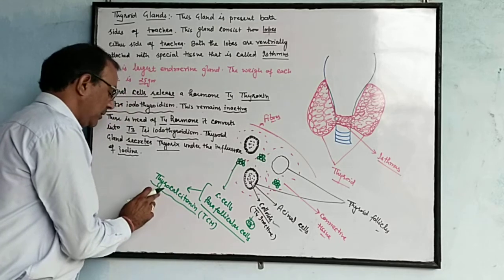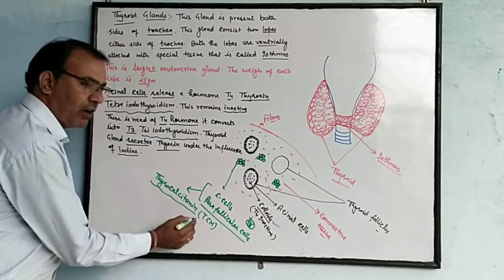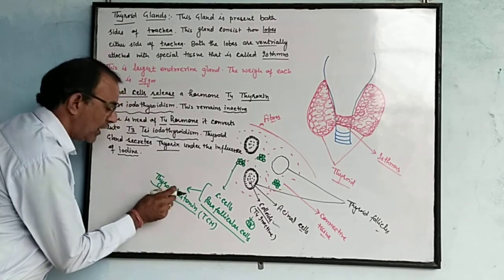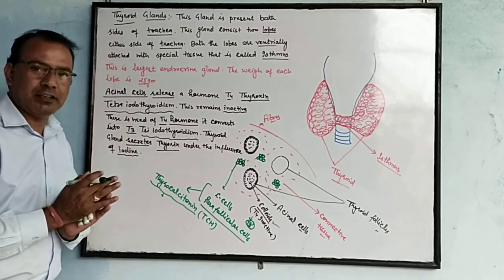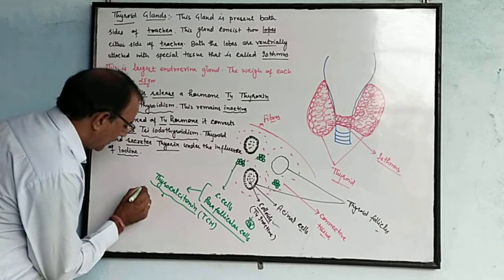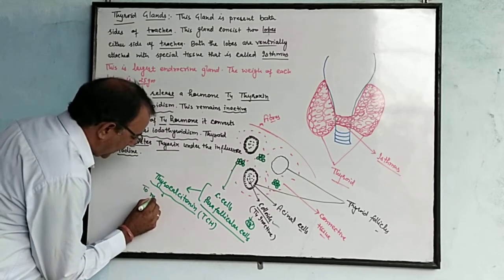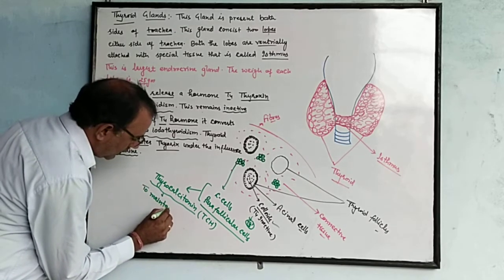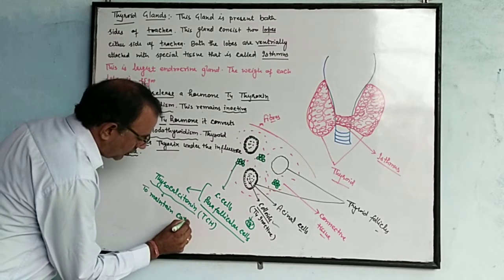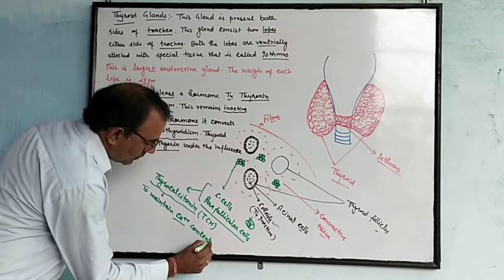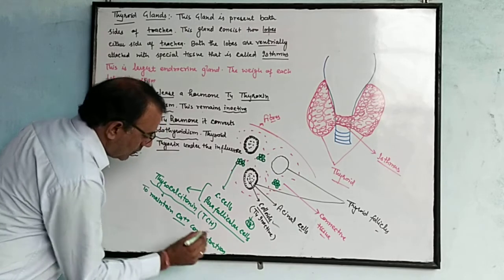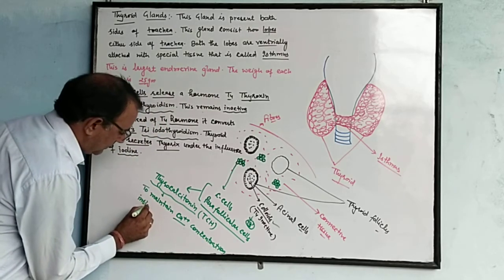These cells also secrete thyrocalcitonin hormone. What is the role of thyrocalcitonin? It maintains the balance of calcium, the calcium concentration inside the body.